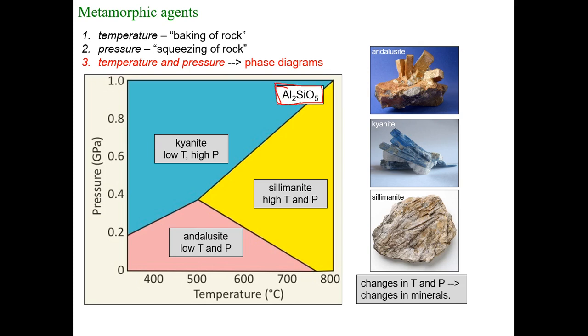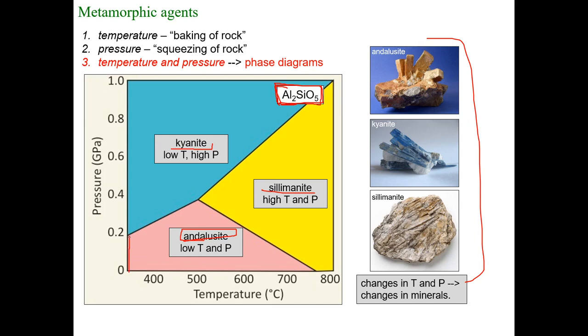Polymorphs of Al2SiO5. Al2SiO5 forms a few different minerals: kyanite, sillimanite, and andalusite. These are all metamorphic minerals. There's a picture of each of them: andalusite, kyanite, sillimanite. They all have the same chemistry, so they're polymorphs. What we find is that these are stable under certain temperatures and pressures.